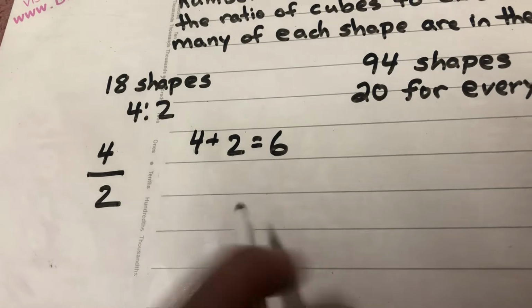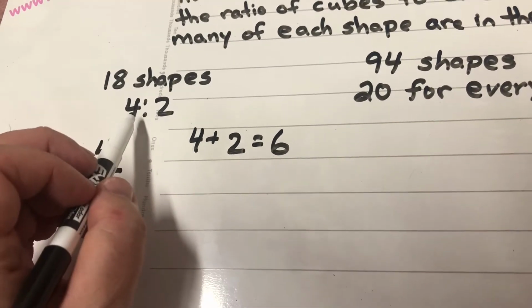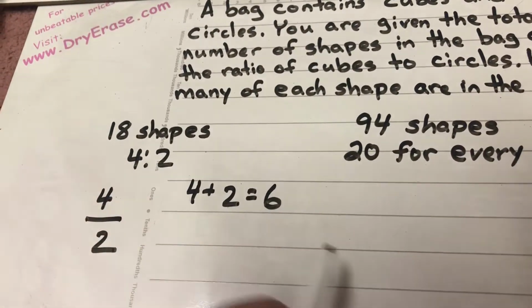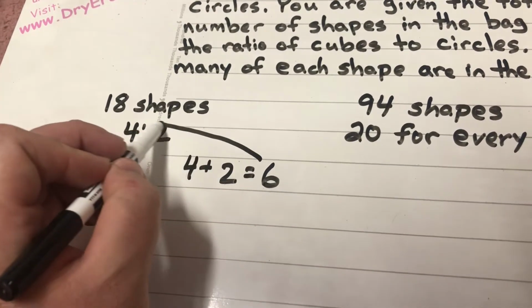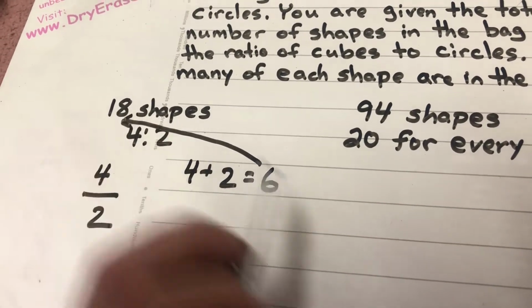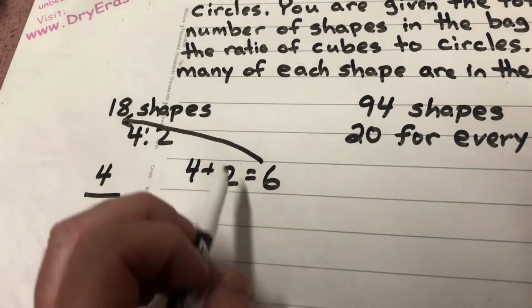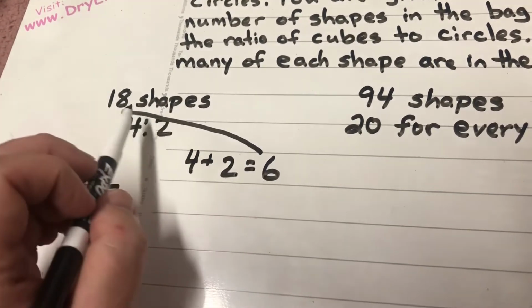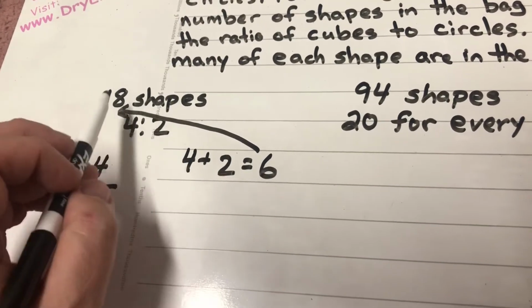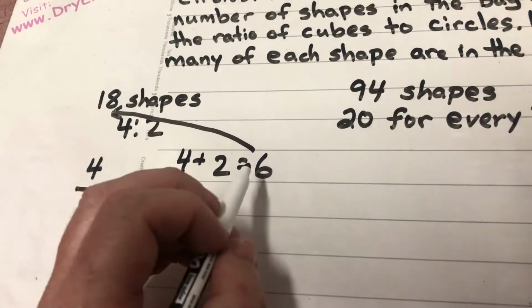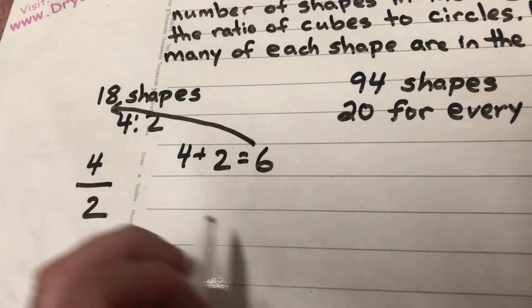And that's 6 shapes. So every time I have 4 cubes and 2 circles, that gives me 6 shapes. Well, I see that I have a total of 18 shapes. I think, well, what do I do to 6 to get 18? Well, I'm going to multiply it by 3. 6 times 3 is what gives me 18.